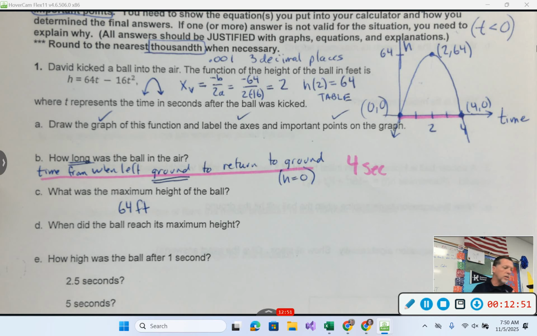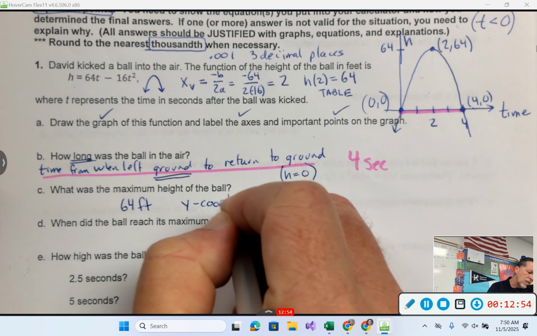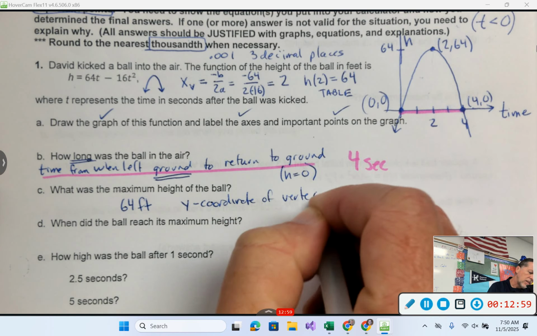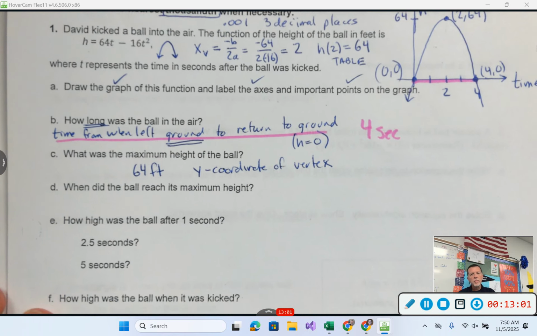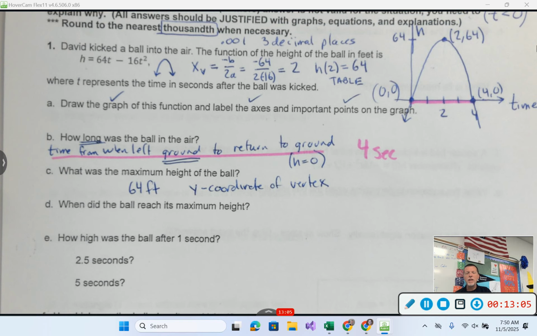It's the y-coordinate of the vertex. Or the h-coordinate if you want to say h. Y-coordinate of the vertex. So again, give me some explanation of how you knew that. Like, what were you looking at? The top of the graph. The top of the graph. But then say it with a little bit of mathy language to sound fancy.